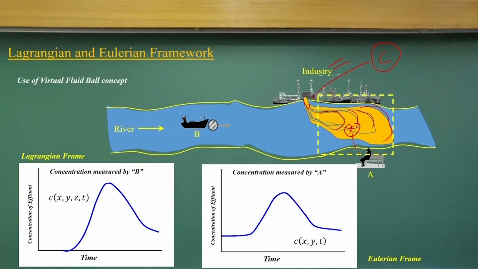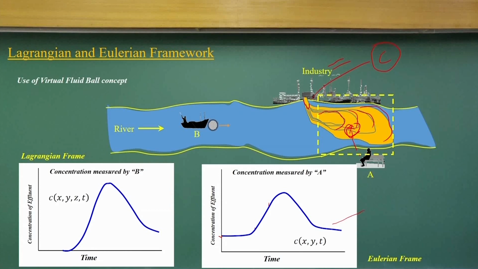If the person puts a probe here, measuring that concentration, then we call it the Eulerian frame. That means you have a fixed location, and at that fixed location you measure how the concentration varies. Initially there will be some concentration, but as the plume comes the concentration increases, and as it passes the concentration goes down.